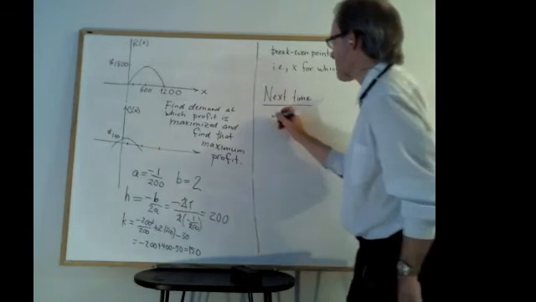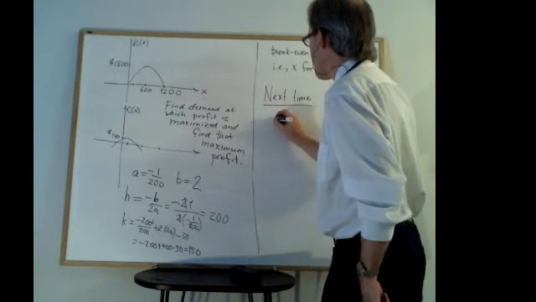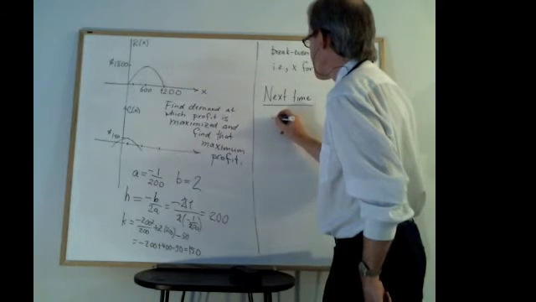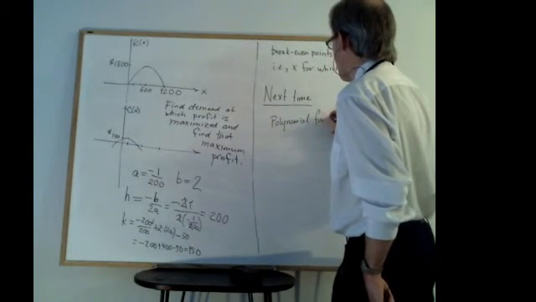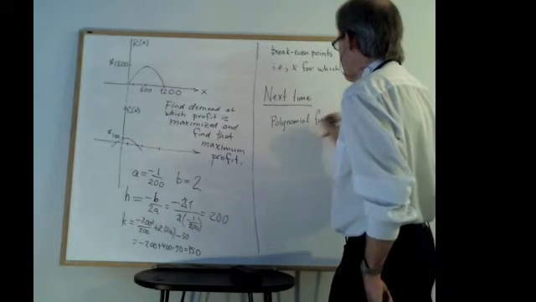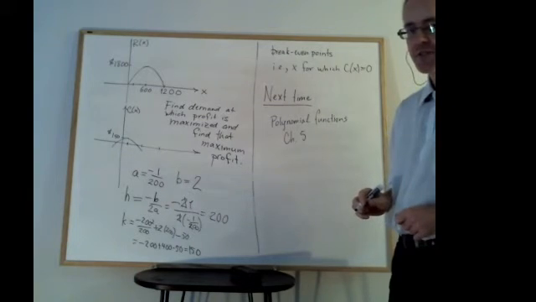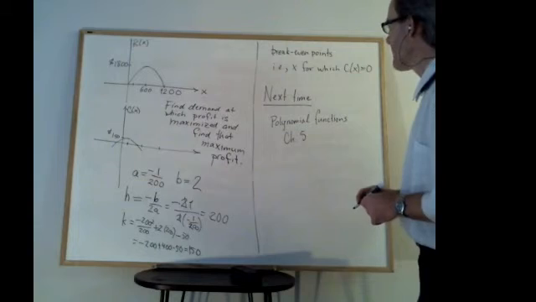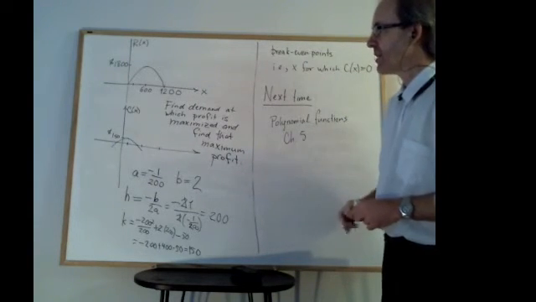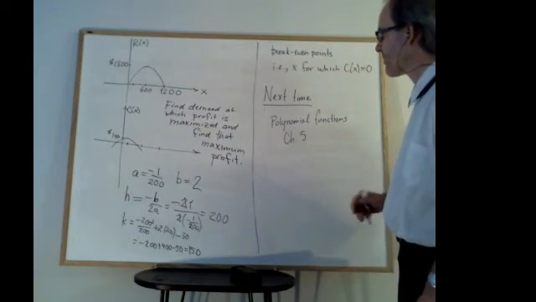So next time I'd like to talk about higher order polynomial equations or polynomial functions. This is more in chapter 5. Chapter 4, I did briefly because it's mostly a review of things you've done before in previous math courses. And we've already covered quite a bit of quadratic functions, at least the first section of chapter 5.